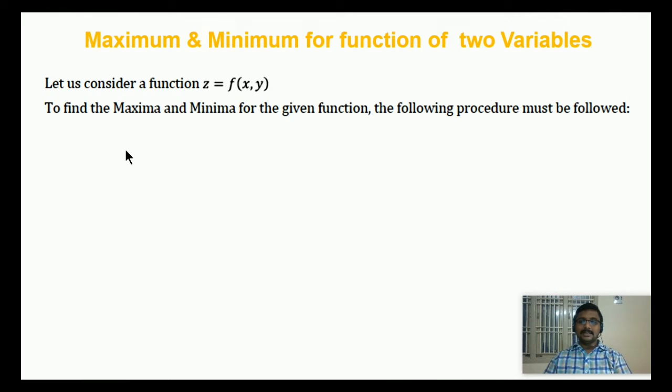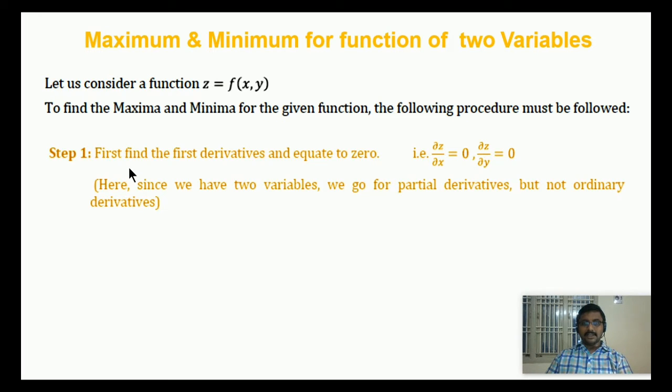Let us consider the function z equal to f of x,y. To find the maxima and minima of the given function, the following procedure must be followed. First step: find the first derivatives and equate them to 0. The first derivatives are ∂z/∂x equal to 0 and ∂z/∂y equal to 0.